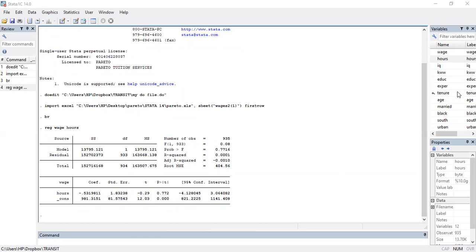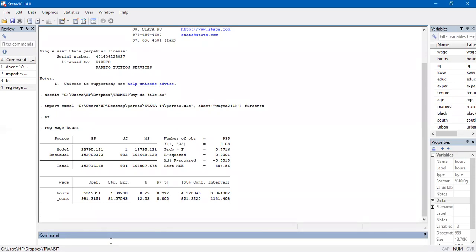Yes. Just do it again and let's see. Regress wage. Did you type them or you pick them from the variable window? I typed them. Maybe you typed something wrong. So just pick them from the variable window.